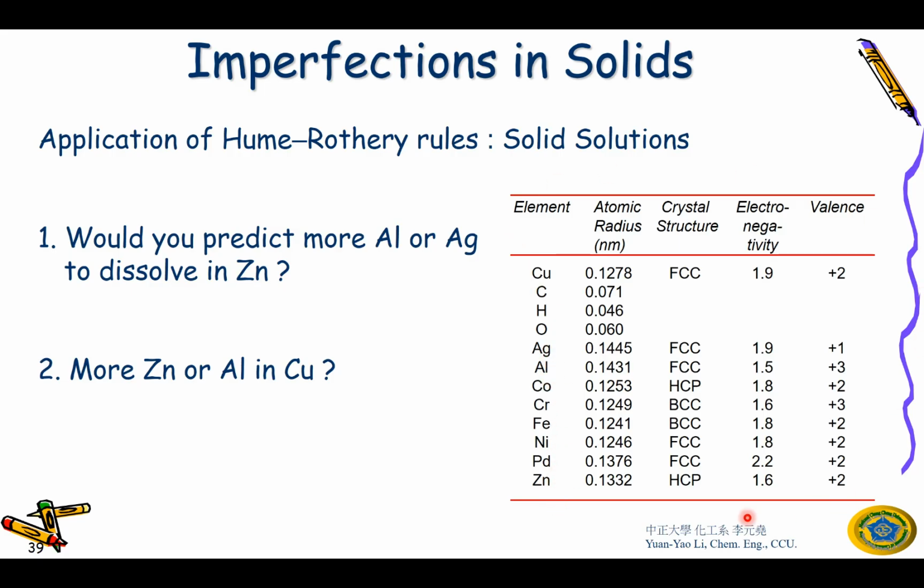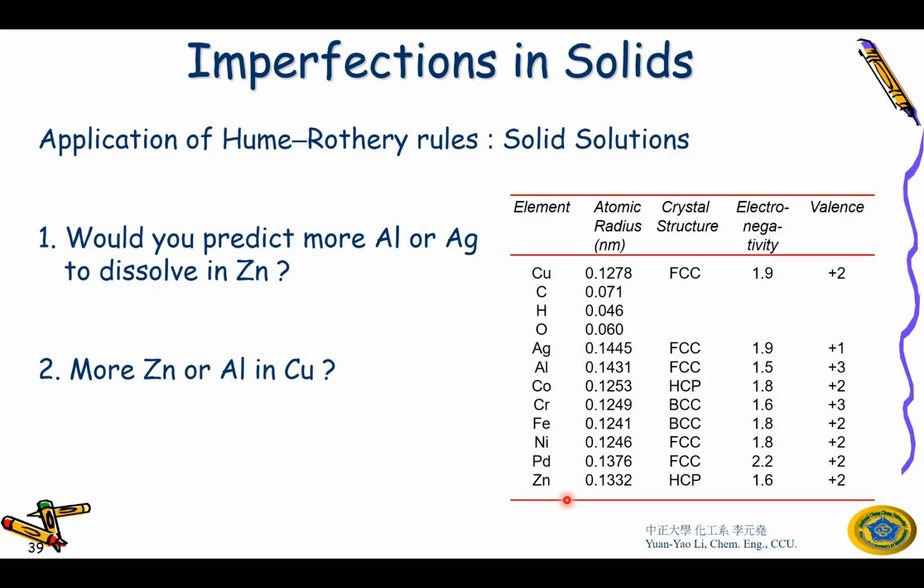I will provide this table for you in your final exam. So you need to think of atomic radius needing to be less than 15% different, right? Aluminum and zinc, or silver and zinc. Next, do they have the same crystal structure?